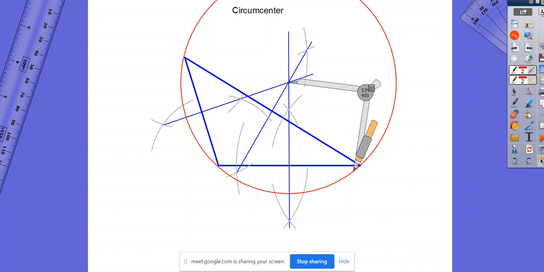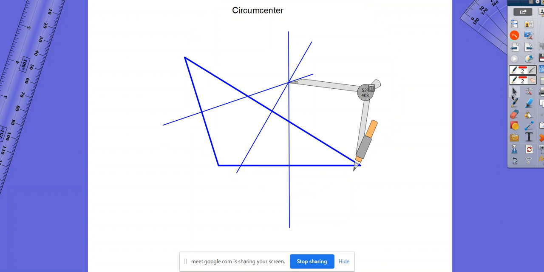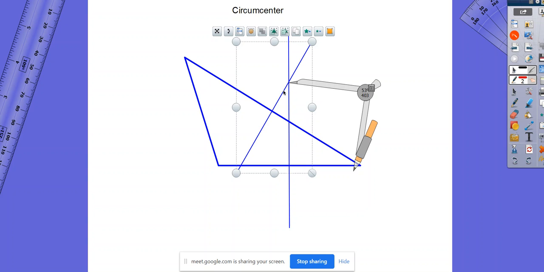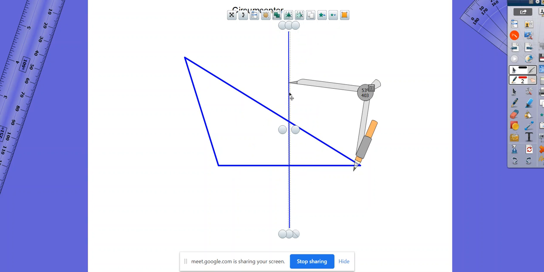Could you repeat that? Sure. The circumcenter is equidistant from all of the vertices of a triangle, and the circumcenter is created by finding the point of concurrency of all of the perpendicular bisectors.